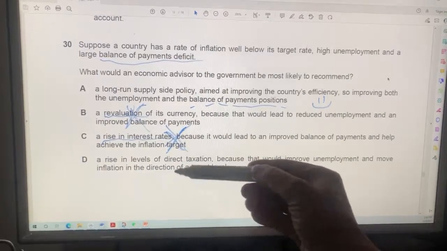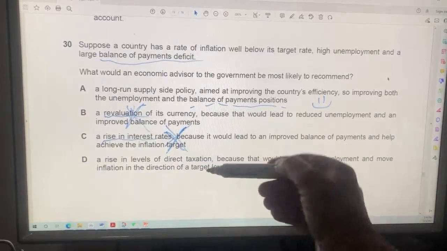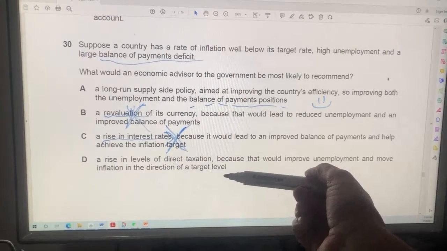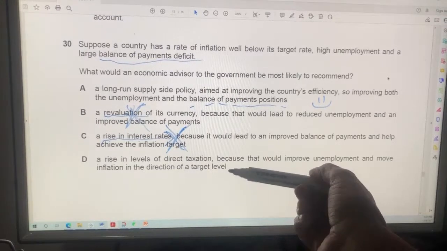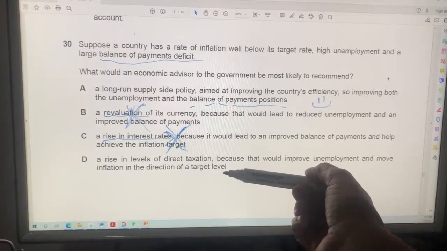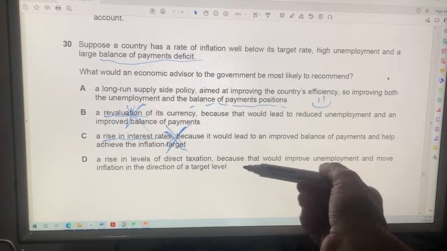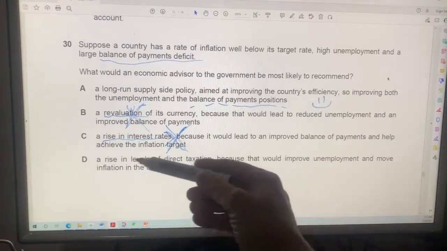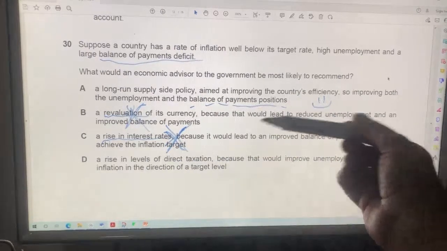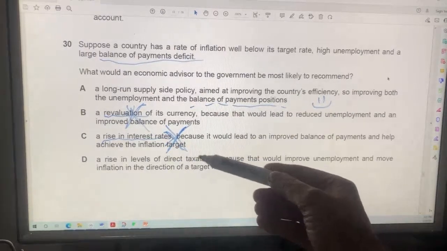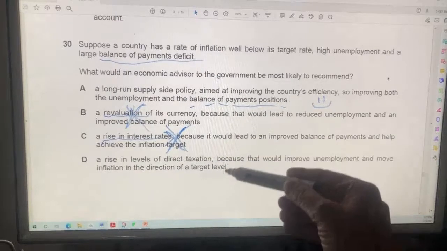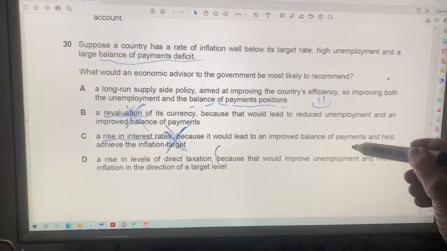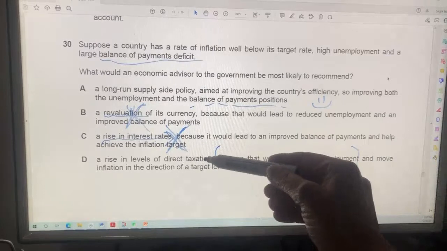D says a rise in levels of direct taxation. What? Well, that would probably create higher unemployment. A rise in levels of direct taxation, at least, okay, maybe not, I'm not sure about this statement, but that will reduce consumption.